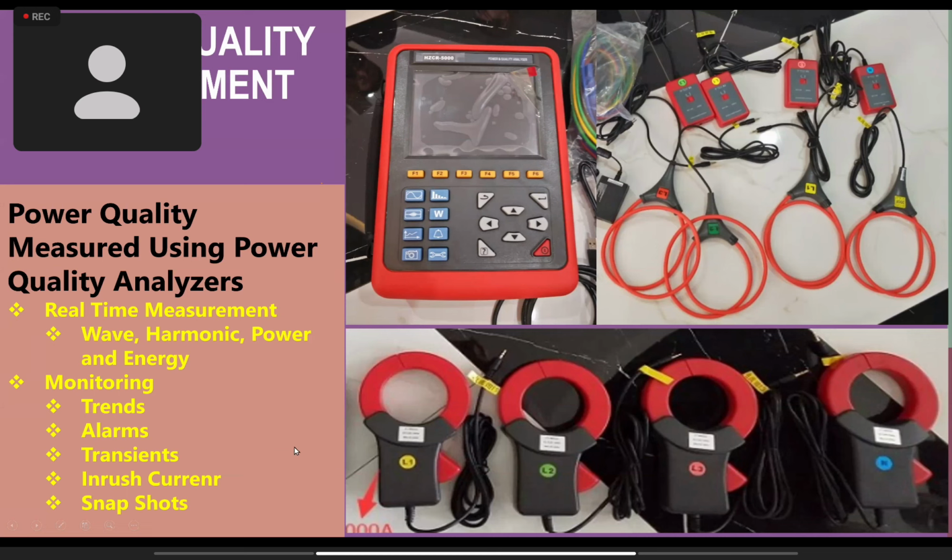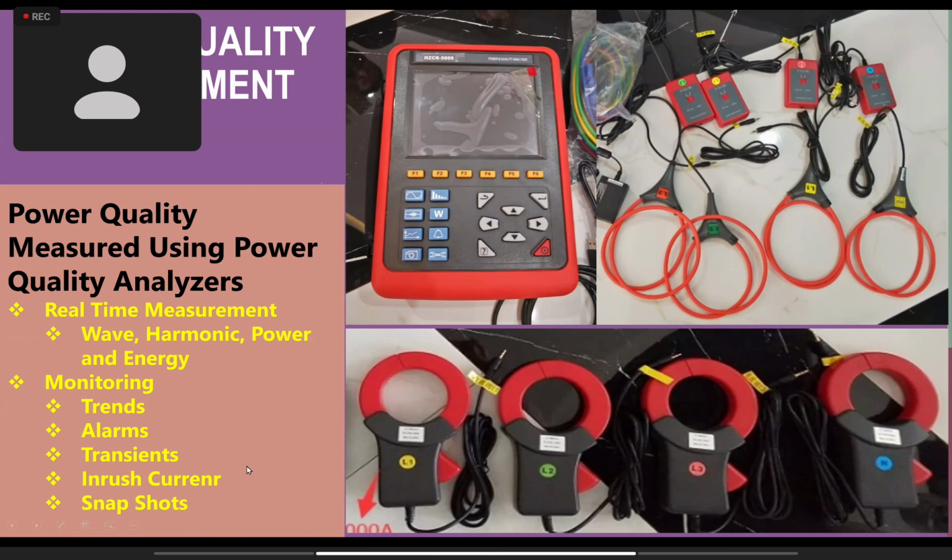Aside from real-time measurement, we can also monitor the trends of the system. We can also get alarms, and measure transients. I-set na natin yung value ng transient level na gusto natin ma-measure para mag-trigger siya, and we can capture that information using our power quality analyzer.